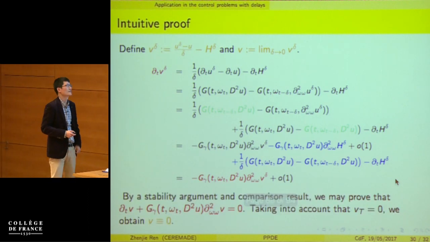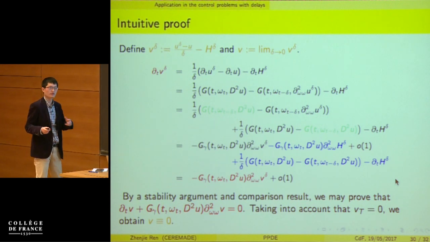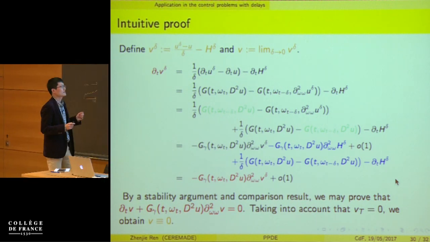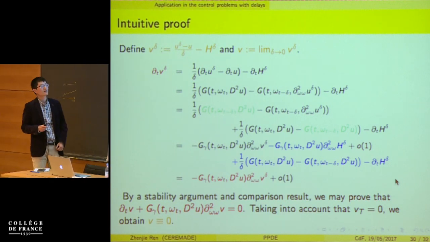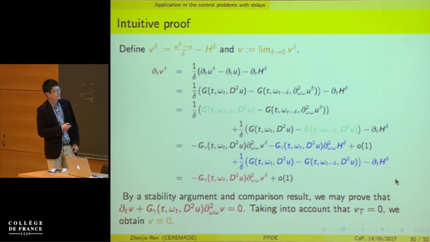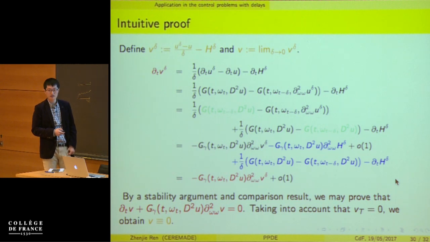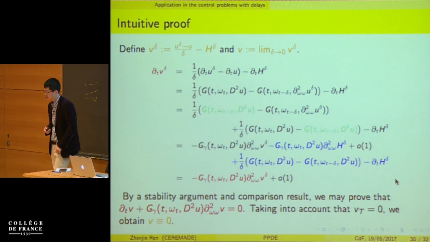Of course, here you also need a comparison result, technically. Using our stability result, you can prove that the limit V indeed satisfies this linear equation. Taking into account that at the terminal time, V capital T is 0 by definition, the unique solution satisfying this linear equation will be 0 everywhere.